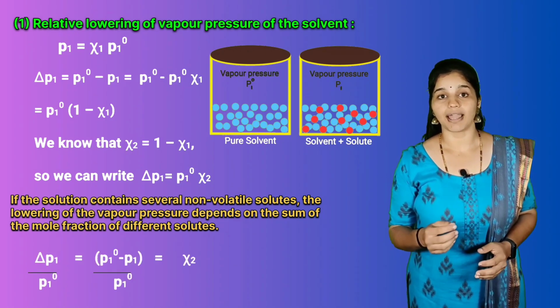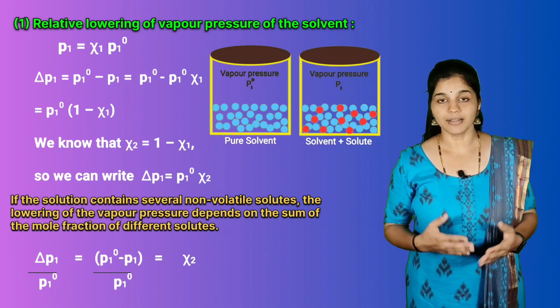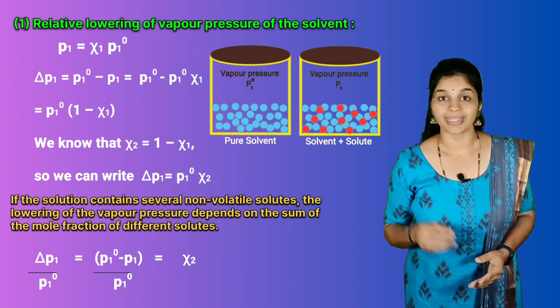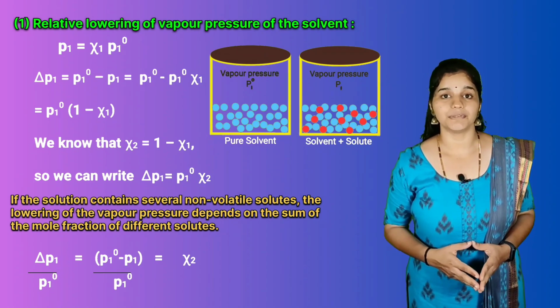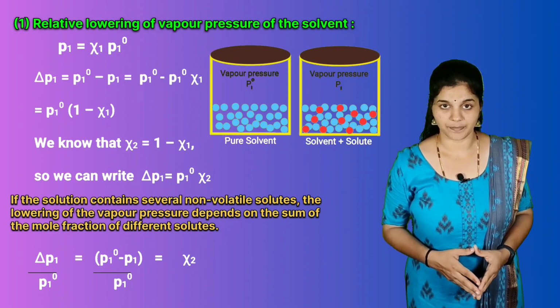ΔP1/P1⁰ = (P1⁰ − P1)/P1⁰ = χ2. Here the ratio ΔP1/P1⁰ is called the relative lowering of vapor pressure.